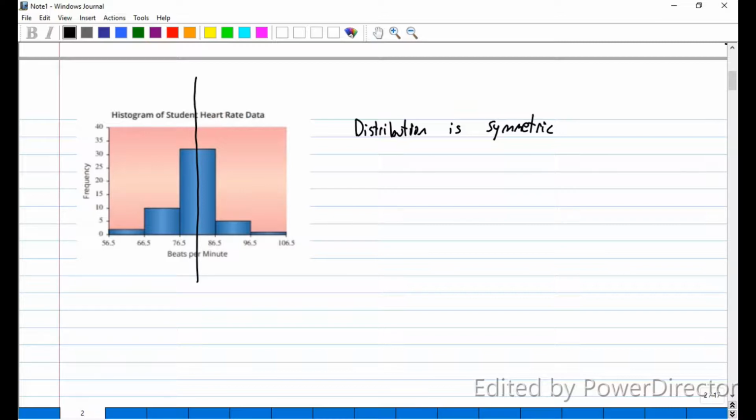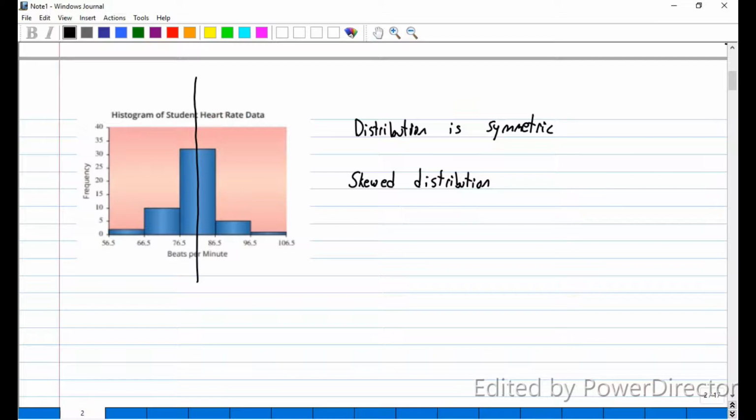A skewed distribution, if we say that a distribution is skewed, of course it's not going to look like that. All right, it's going to look different. But your book says a skewed distribution is a non-symmetric distribution that extends more to one side than the other.